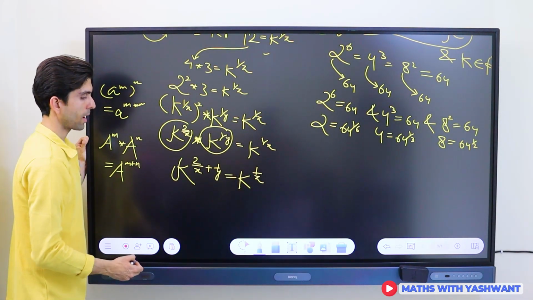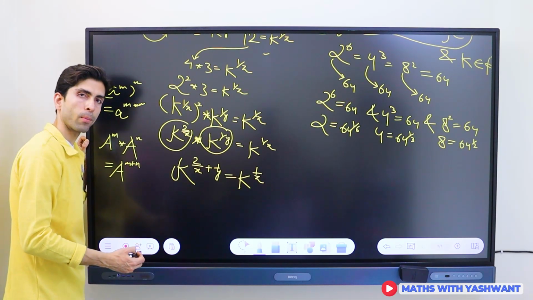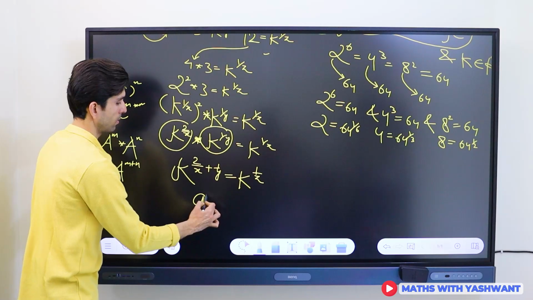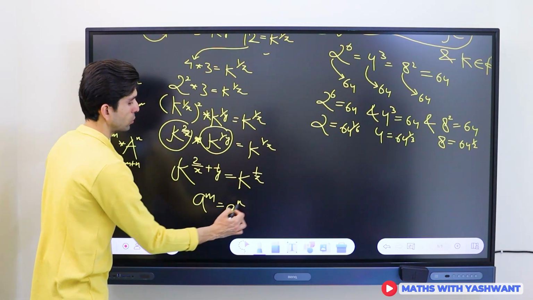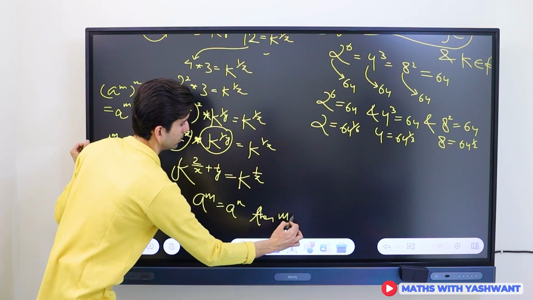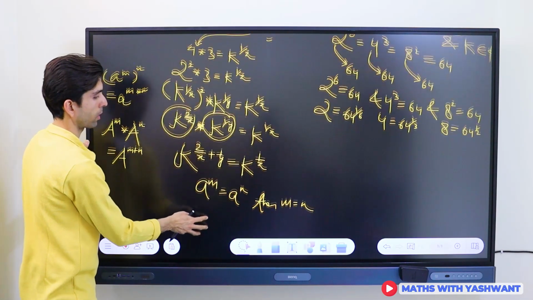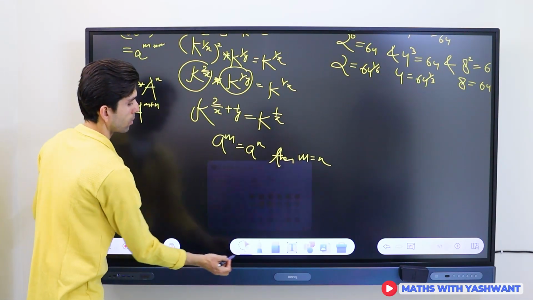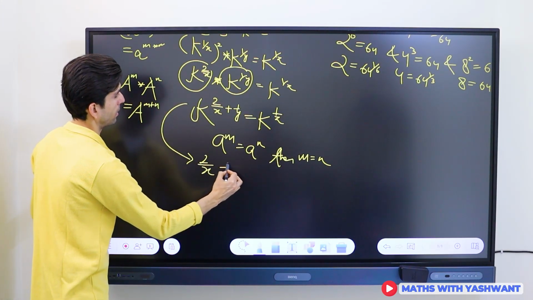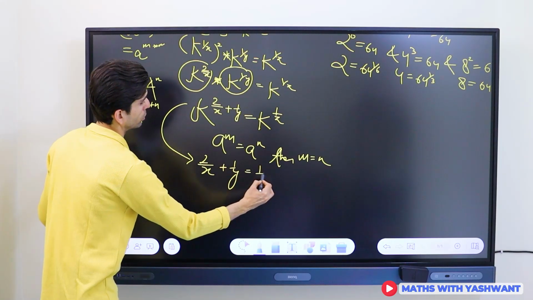Now we have one more law that I have been repeating again and again in my previous sessions. When we have a^m equals a^n, then we write m equals n. So following this law, I can say 2/x + 1/y is equal to 1/z.